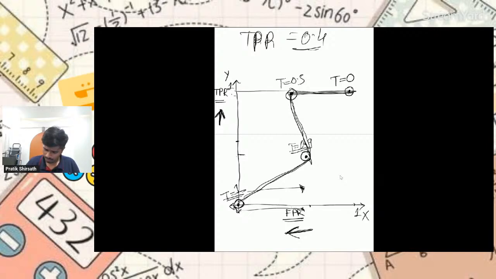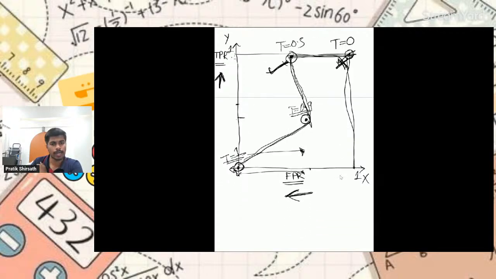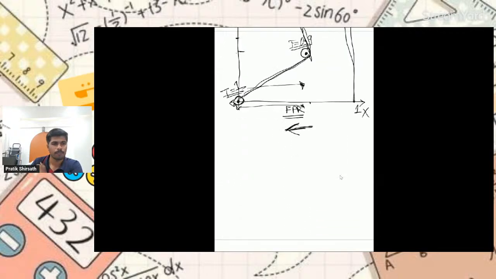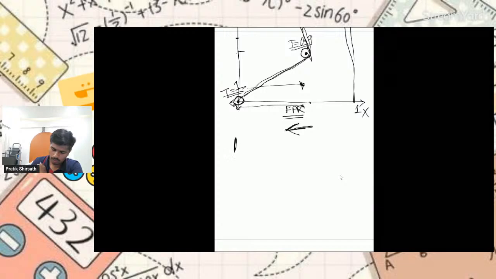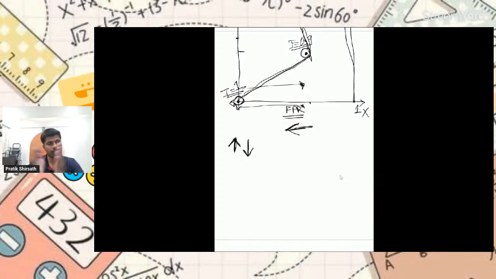Now here, most of you will think, why can't we take this point and not this? My suggestion is to take this point and not this point. Why? It is because whatever our TPR is, that is our FPR. What does that mean? Again the same thing: as much as your model is doing right, it is also doing wrong. So it nullifies the effect.